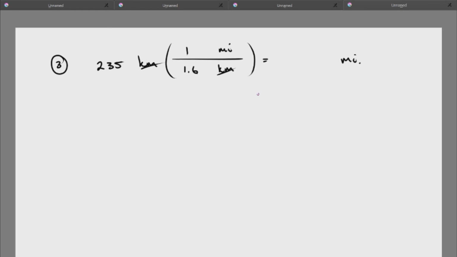I don't want to call it intuition, sort of an educated guessing, but there's no need for that. 235 divided by 1.6. 28? Oh, right. Perfect. Easy. And not for a second did I wonder, should I divide by 1.6? Should I multiply? It never occurred to me. It was never a stumbling block or anything.